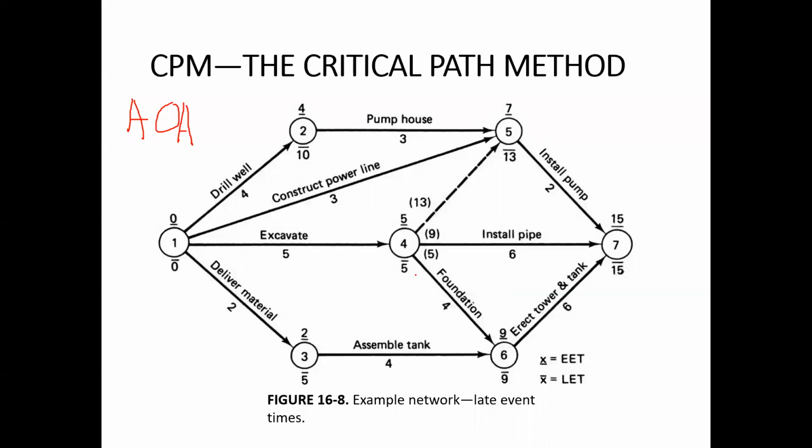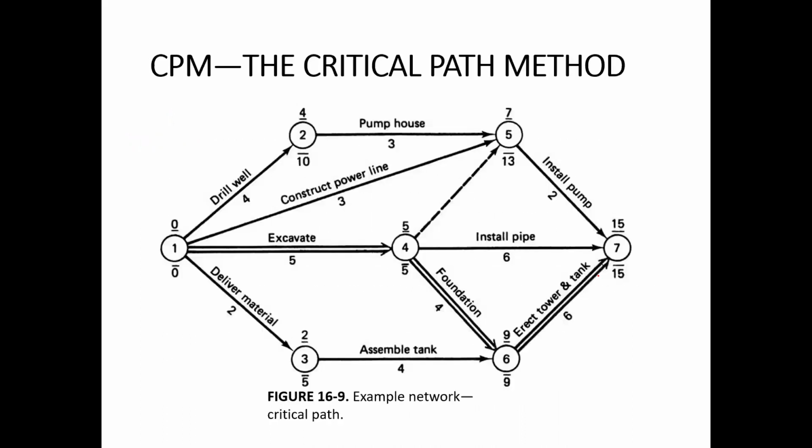So there will be a longest path in the network, by which we can say that path will be the critical path. So this is shown in the next diagram over here.